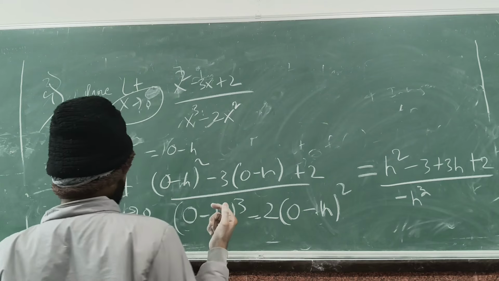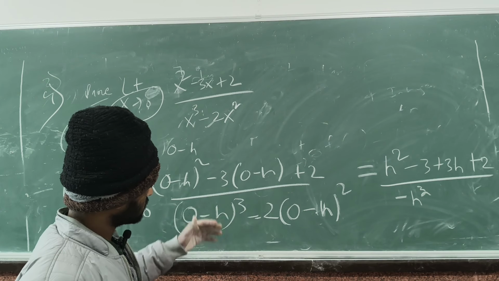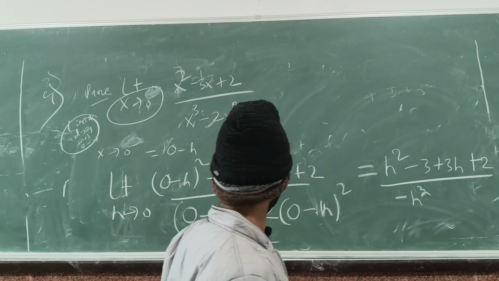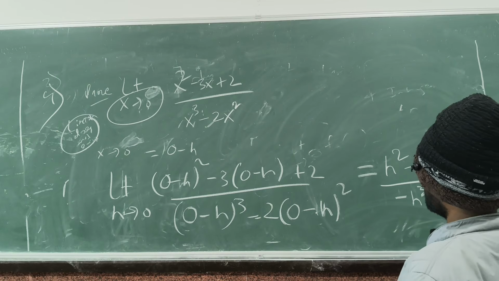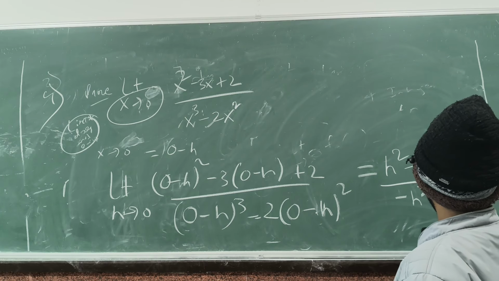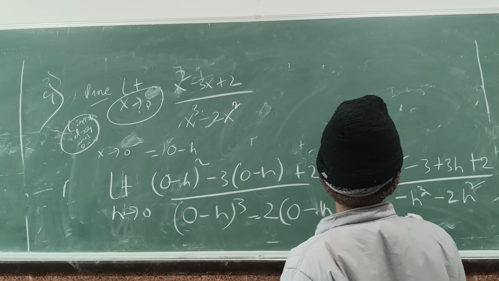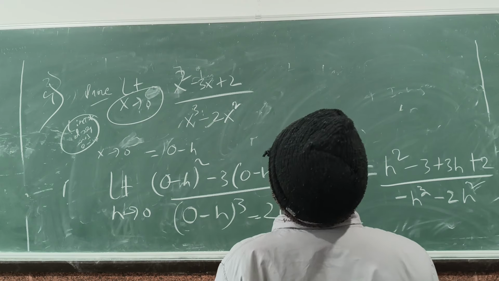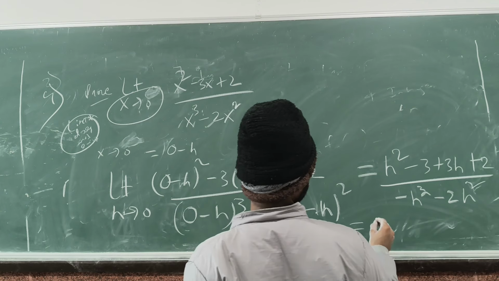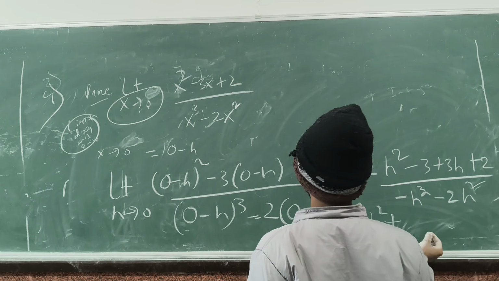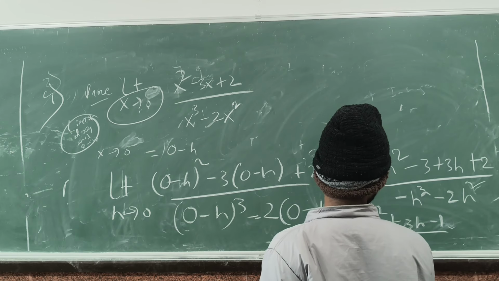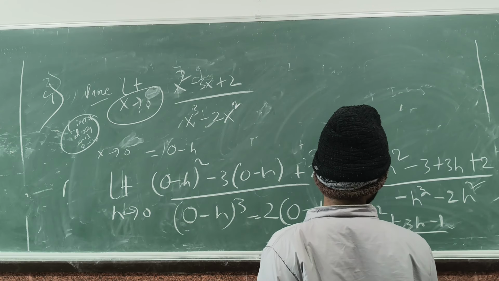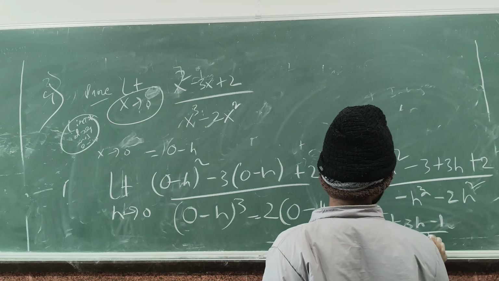Since h is a positive quantity, h cube is positive, so minus h cube, minus 2h square. So this we can write as h square plus 3h plus 2 by minus h cube minus 2h square.